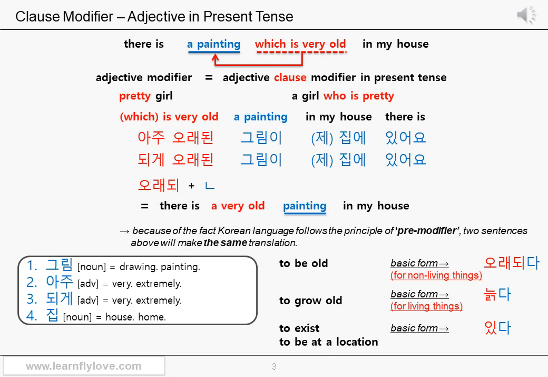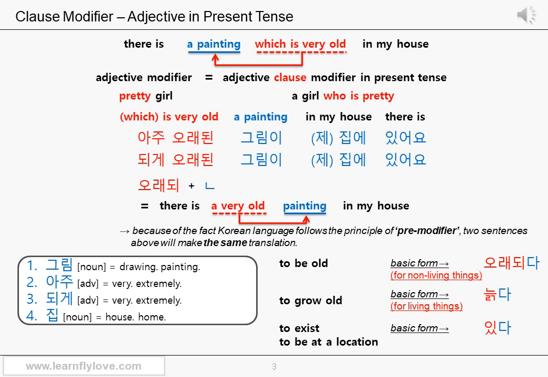It's of course because of the fact that Korean language follows the principle of pre-modifier. So, which is very old part in the first sentence and very old part in the second sentence will be positioned in the same place and translated into the same phrase in Korean. What can we find out from this?